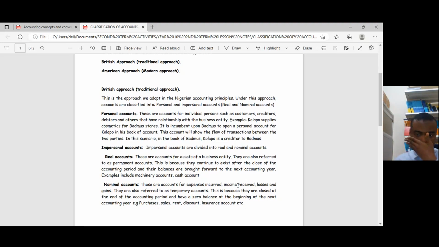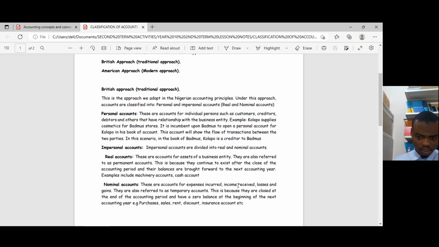So accounts for fixed assets are real accounts. Examples of fixed assets are furniture accounts, machinery accounts, and cash account. Cash account is not a fixed asset anyway, it is a current asset, but accounts for assets generally are real accounts. Whether it is fixed, intangible, or current assets, they are classified under real accounts.